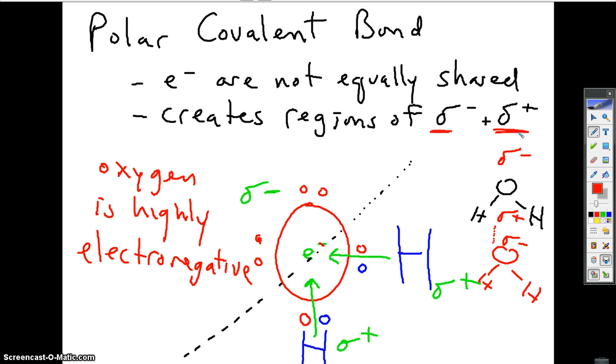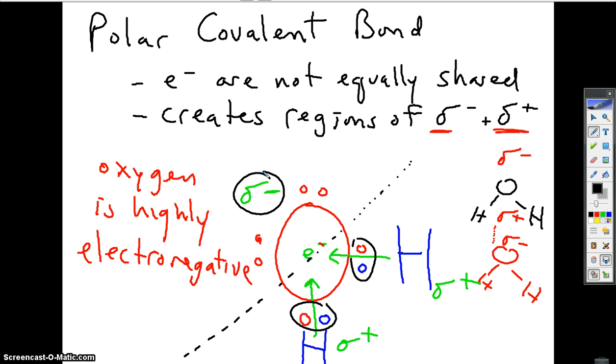When we look at the bond that forms between oxygen and hydrogen, oxygen is what we call an electron hog. It's highly electronegative. So even though it looks like it's going to share electrons right down here with hydrogen and right here with the second hydrogen, they're not equally shared. The oxygen pulls the electrons towards it, and it becomes partially negative.